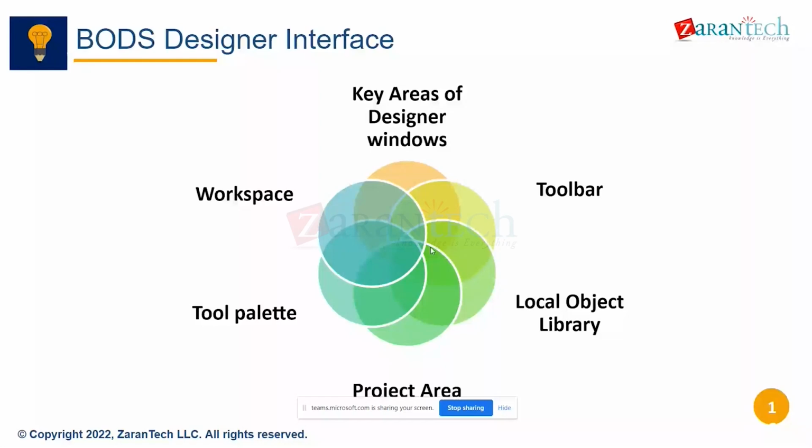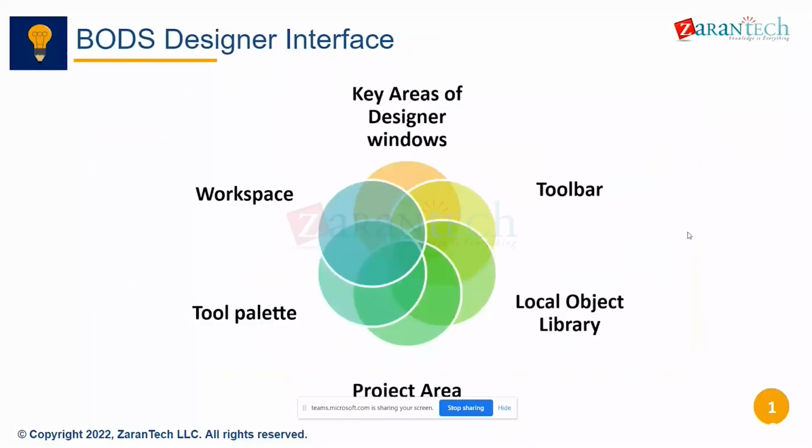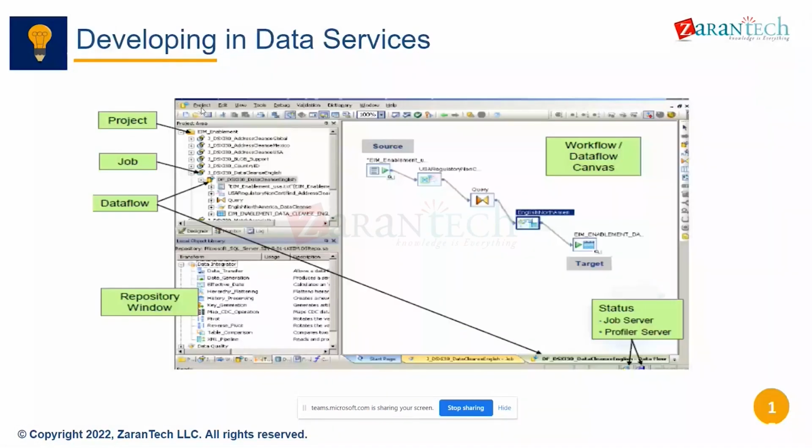Can you please repeat this tool palette? Yeah, sure. This was the palette. And toolbar, these are the toolbar. The project, this data flow image was there, right? These all are toolbar.